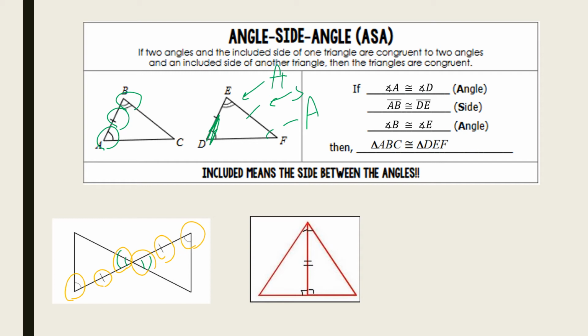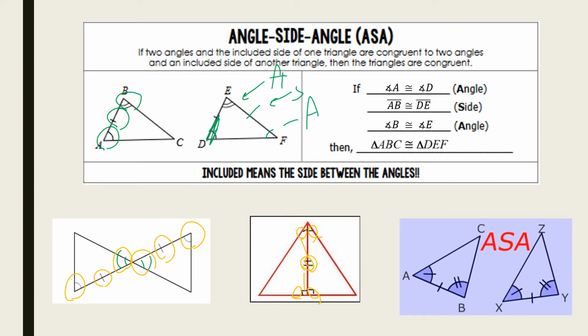Here we've got an angle, and then you go here to a side, and then you go here to an angle. And here on the other triangle, you have angle, side, angle. So the two triangles are congruent. And again, here's what it looks like. It's got an included side this time.